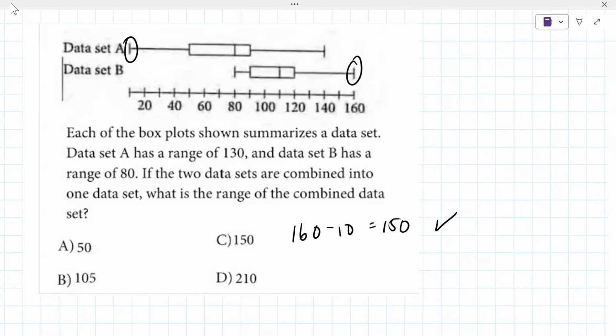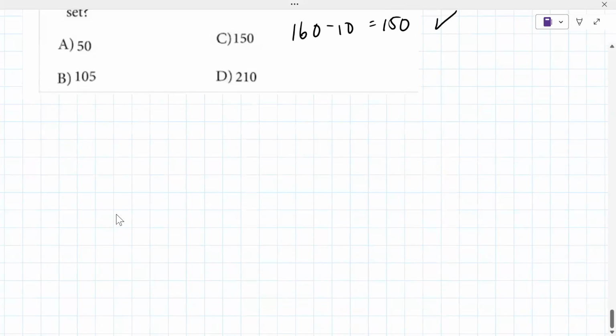Okay. So they emphasize range and what's called standard deviation on the SAT. But what they don't emphasize is the calculation. You don't need to know how to calculate the standard deviation, although I think you should, but you don't need to in this test.